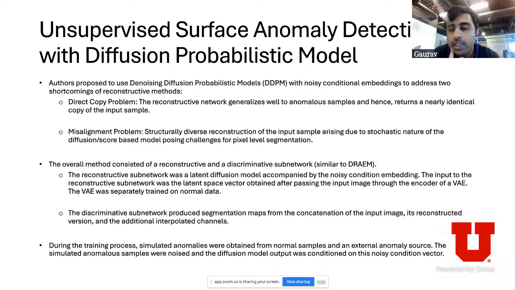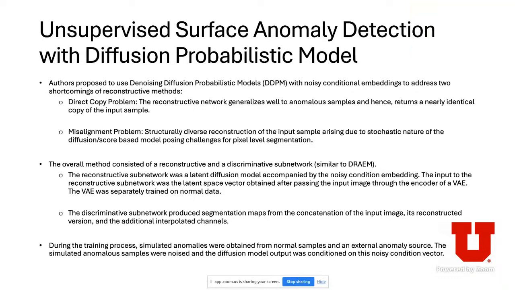Yes, in this particular case, the diffusion model is trained on the latent samples that are obtained after passing through the encoder of the variational autoencoder. So it is basically trained on the latent vector.